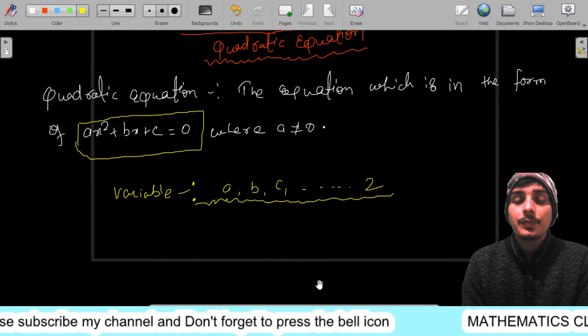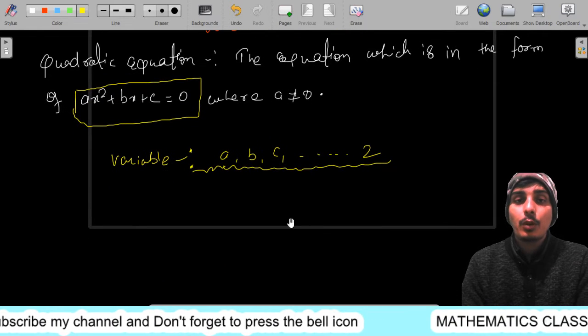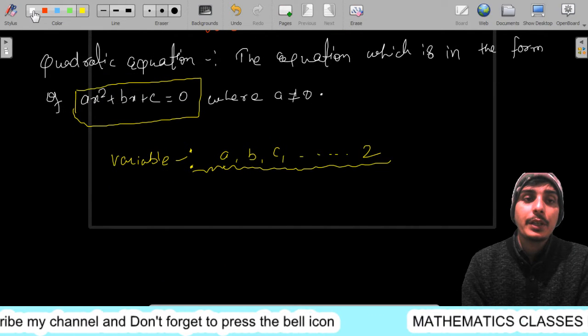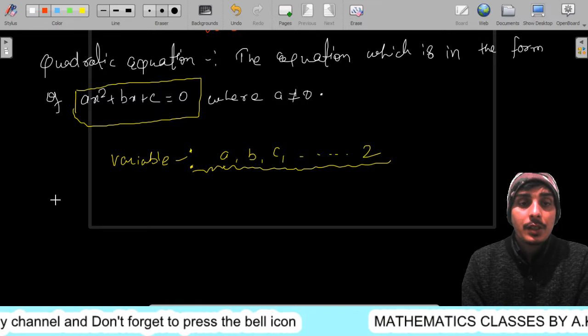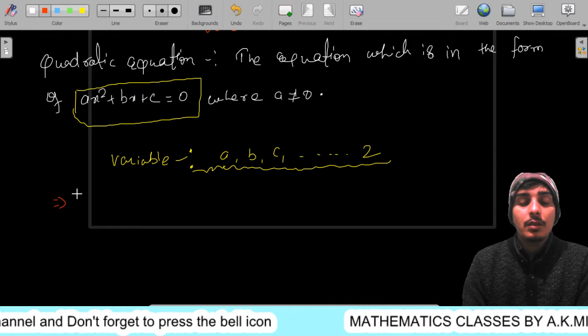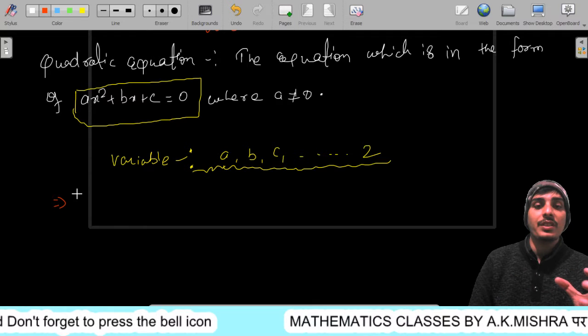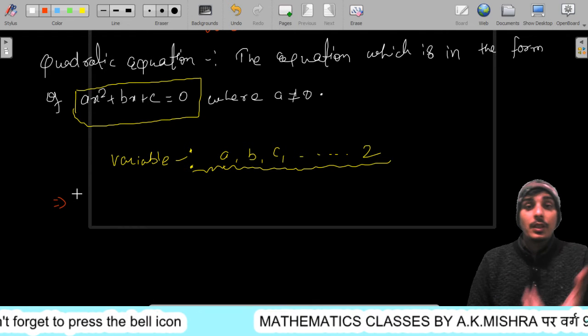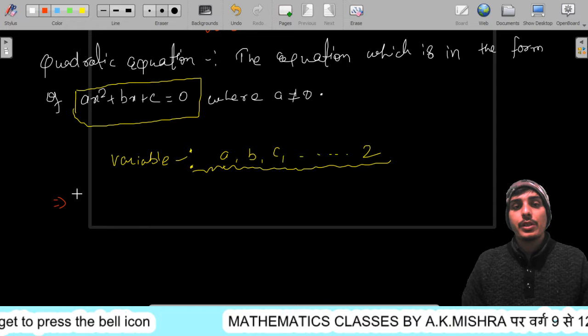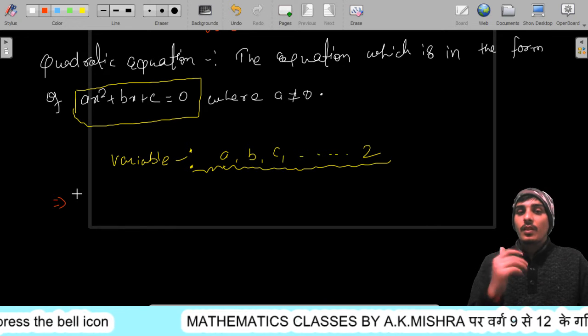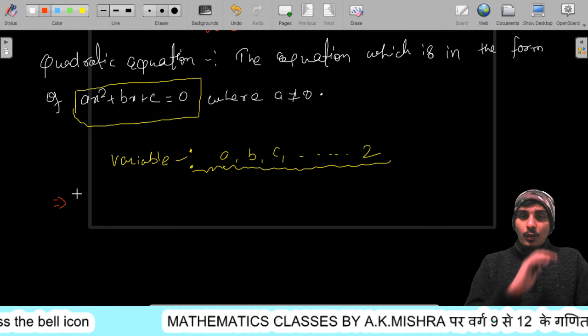If you are having any problem, then you can comment and share any suggestion or any problem you are facing in understanding the concepts. So first of all, what is the quadratic equation?